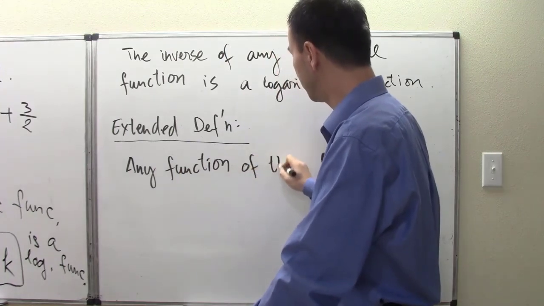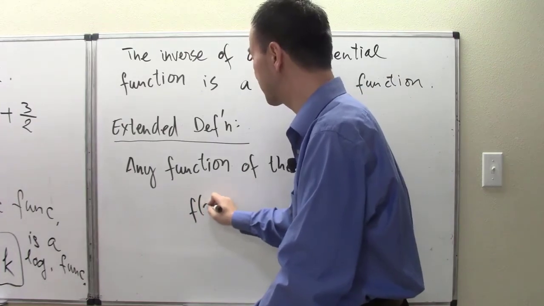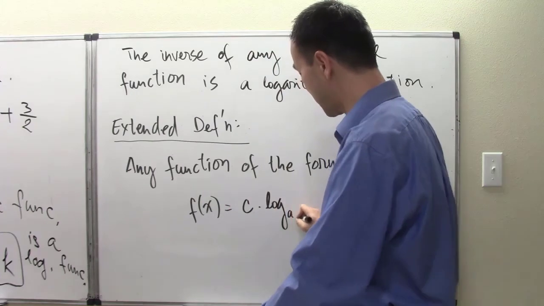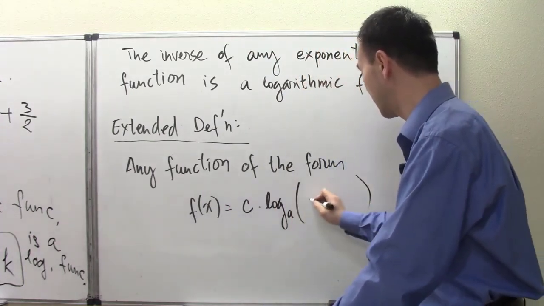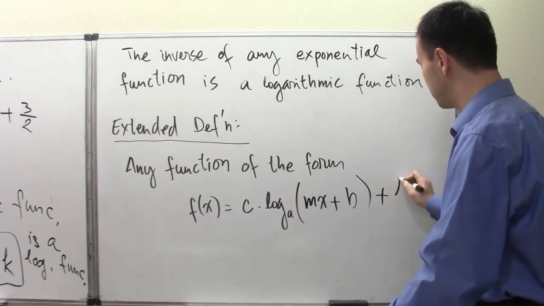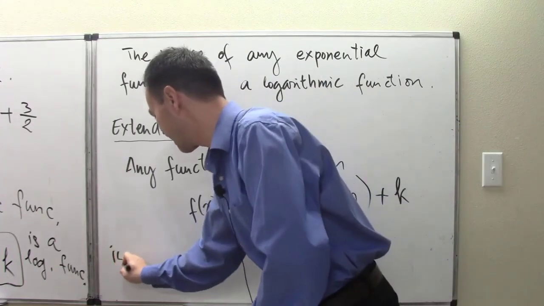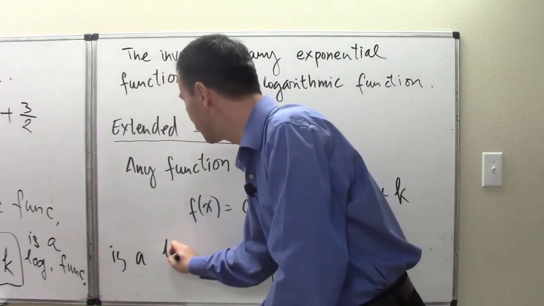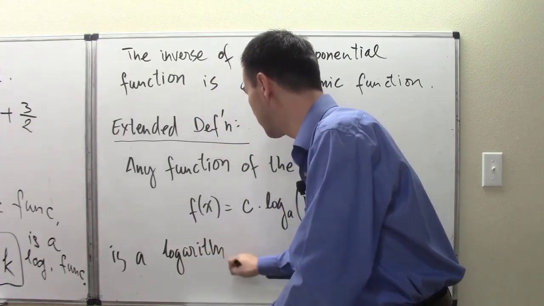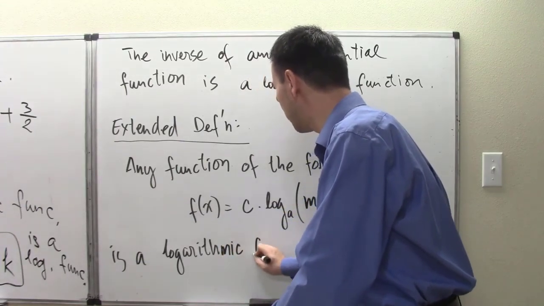All right, so any function of the form f of x, being a constant c multiplied with a log base a operation on a linear expression mx plus b, and then after that, plus a constant k right here. Any function in that form is a logarithmic function.